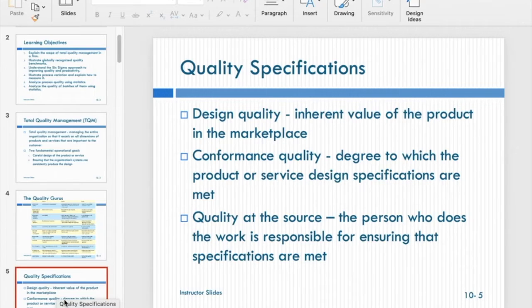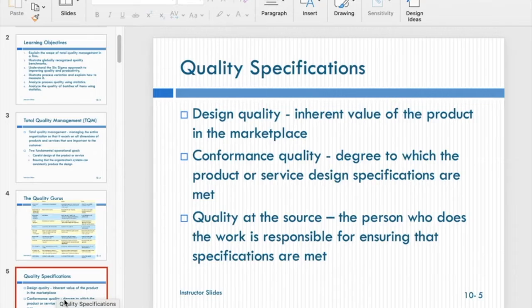The third one is quality at the source. Basically, it's about whether the person who does this work is responsible for ensuring the specifications are met or not. This is related to whether we can train our employees and involve them, let them engage within this process.